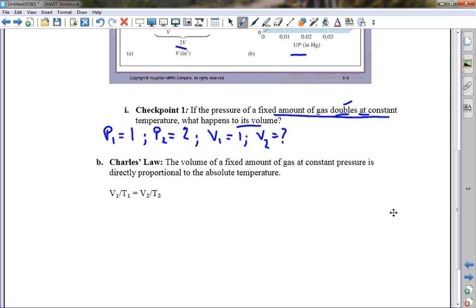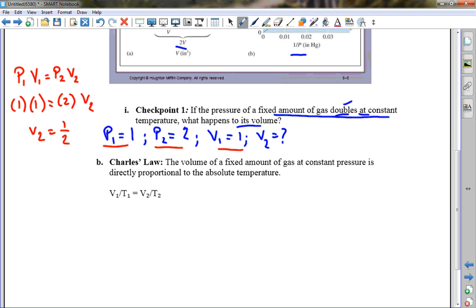But just to show you the equation, P1 times V1 equals P2 times V2. So you have 1 for pressure 1, volume 1 is 1, simple numbers here, pressure 2 is 2 times V2, and if you solve for V2, you get 1 half. You see how that works? As you double one, you halve the other. Increase one, you decrease the other.